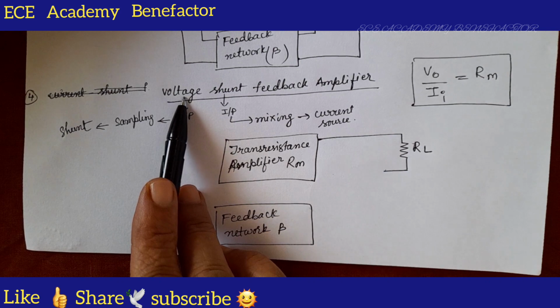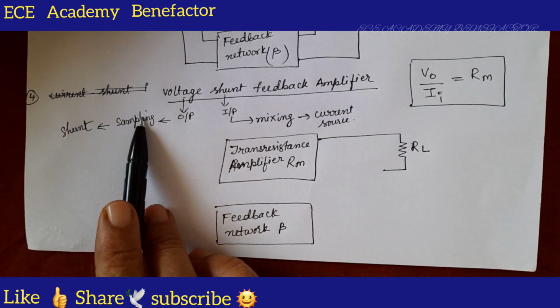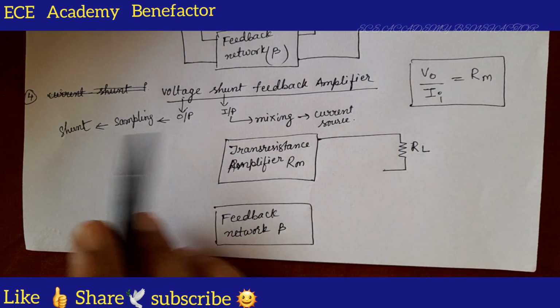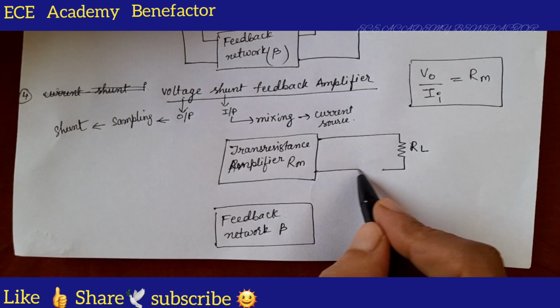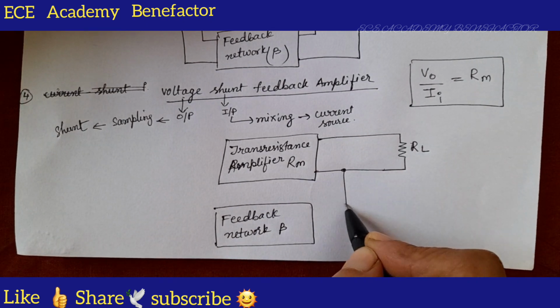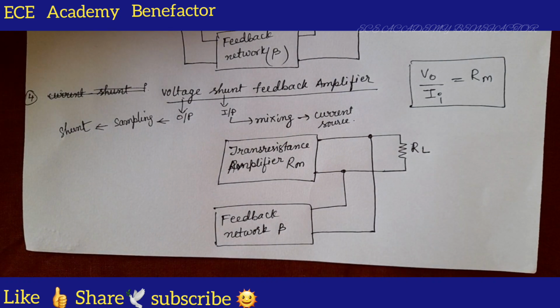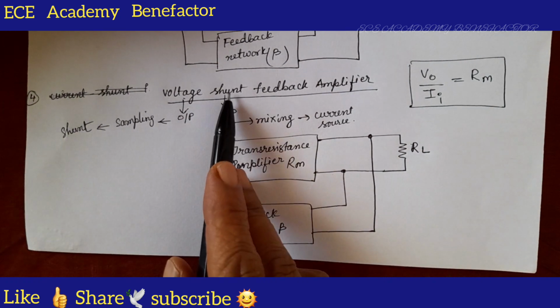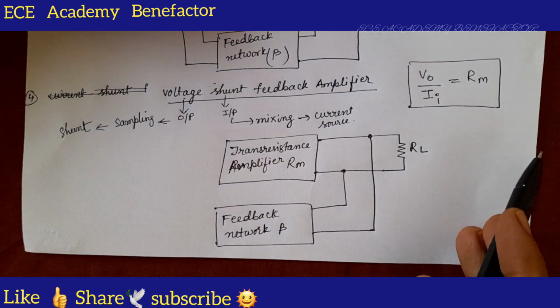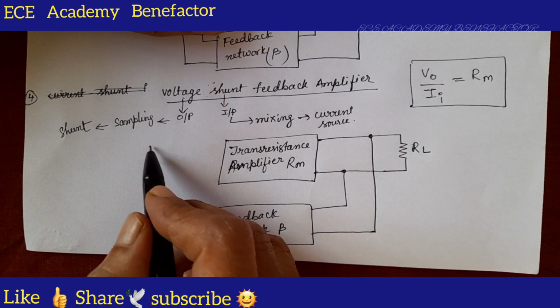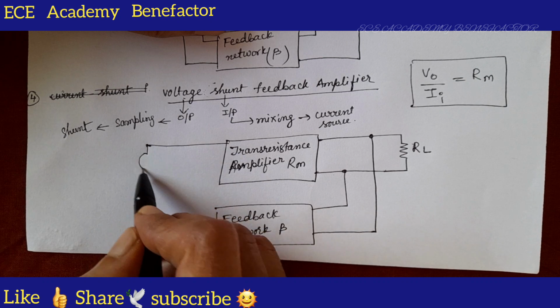What is the connection at the output side? Voltage sampling. For voltage sampling, what is the connection? Shunt connection. So in this way we do the shunt connection. This is voltage sampling. At the input side, it is shunt connection, shunt mixing. If it is shunt mixing, what source do we need to place? A current source.